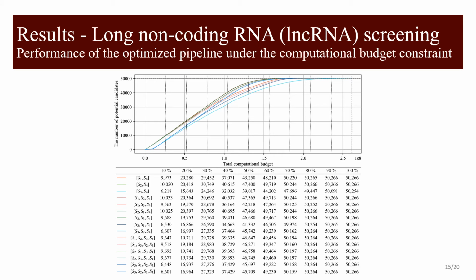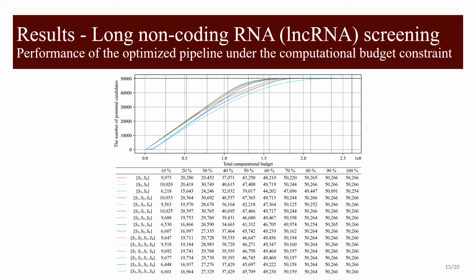As a result, all the optimized pipelines, including CPAT, regardless of the order of the stages, identified from 45,697 to 47,466 of the potential candidates out of 50,266 true candidates at only 50% of the original cost.